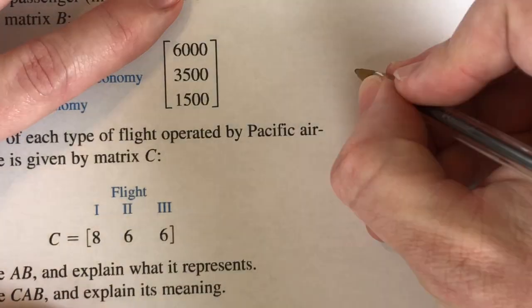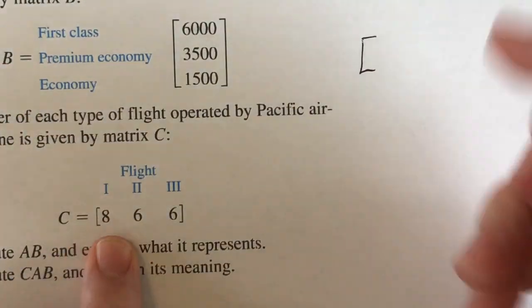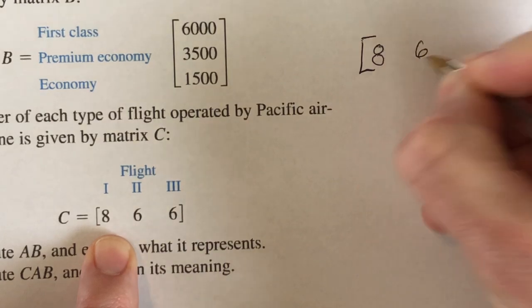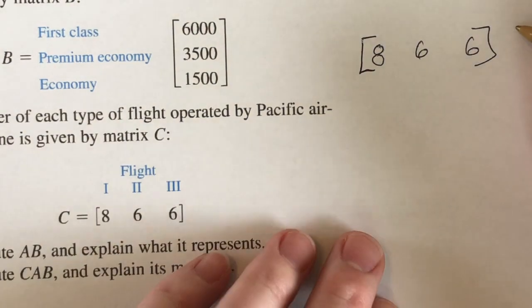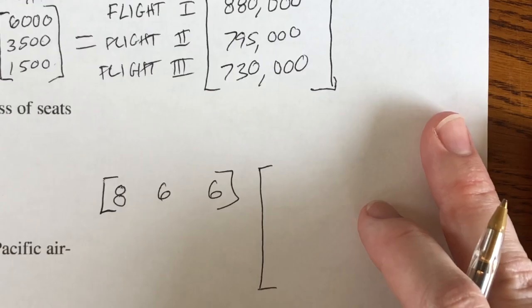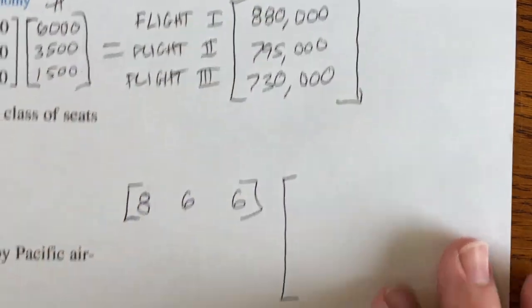Let's write down matrix C first. We have to do this in order. So that would be 8, 6, 6. And then we're just going to bring this matrix AB down right here.